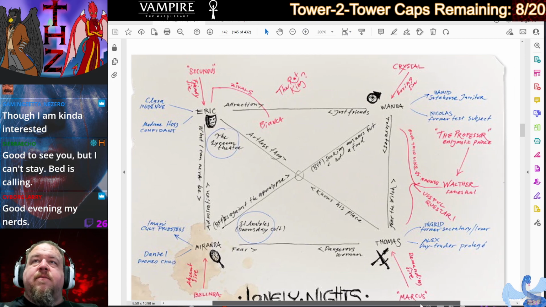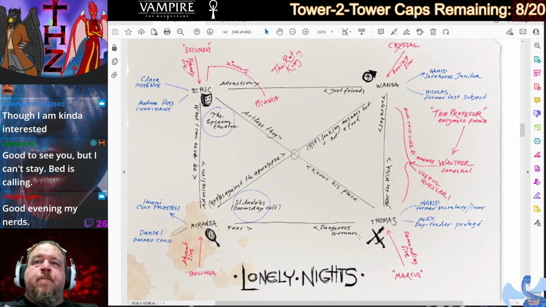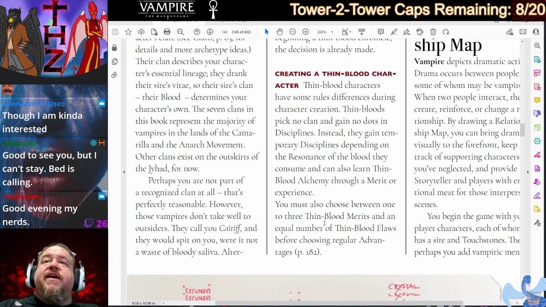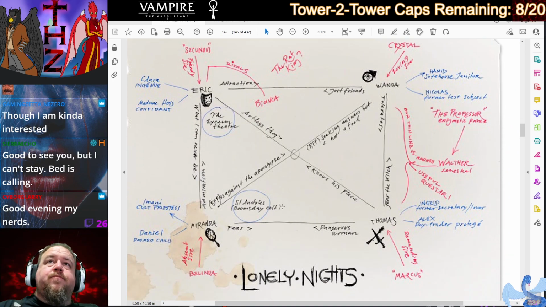Let's see if I'll make this a little bit bigger here. As this relationship map is a way you can organize your group.